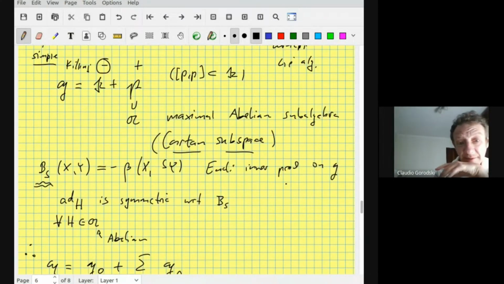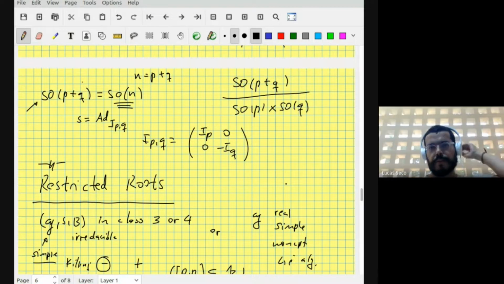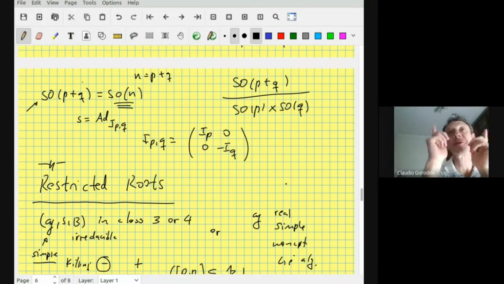The existence of a compact real form was proved by Cartan first, case by case, and then later Hermann Weyl gave a general proof. I think Weyl announced he had a general proof. It was just an announcement, and Cartan saw the announcement and realized he could also prove this. So he proved it independently of Weyl.